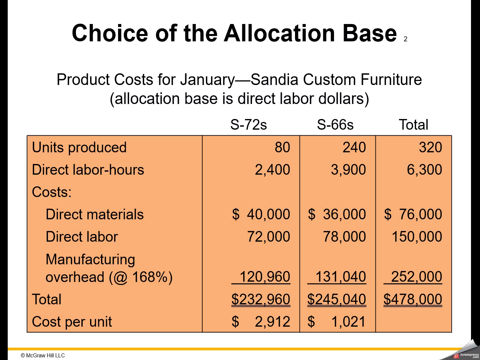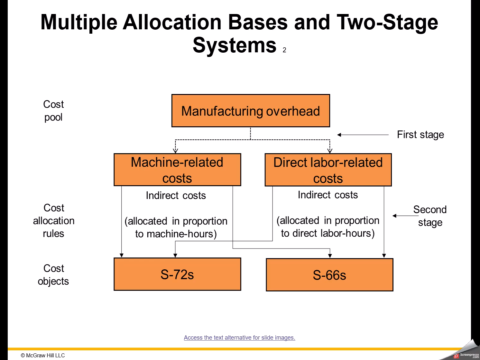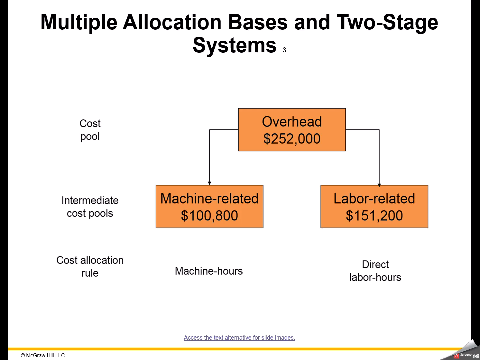If we feel it's not necessarily direct labor hours, but more direct labor dollars, we could allocate it that way. Sometimes we could be even more precise, or maybe our business is just that precise that we know certain costs are related to the machines, certain costs are related to the employees. So we're going to separate those two and calculate two separate predetermined overhead rates.